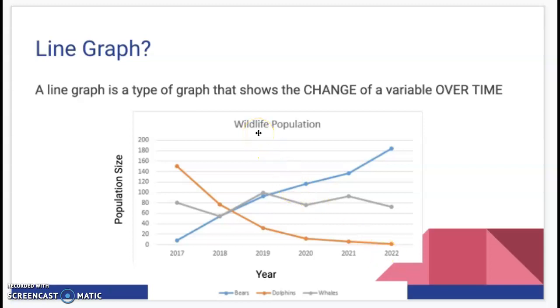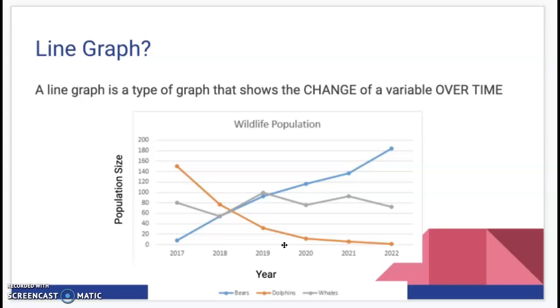So some of the parts of a line graph: you have your title, which summarizes what the graph depicts. So in this graph, we're looking at that change in wildlife population. You have your axes, so you have both your x-axis and your y-axis. Your x-axis is this horizontal line that runs from left to right, and it represents what we call the independent variable.